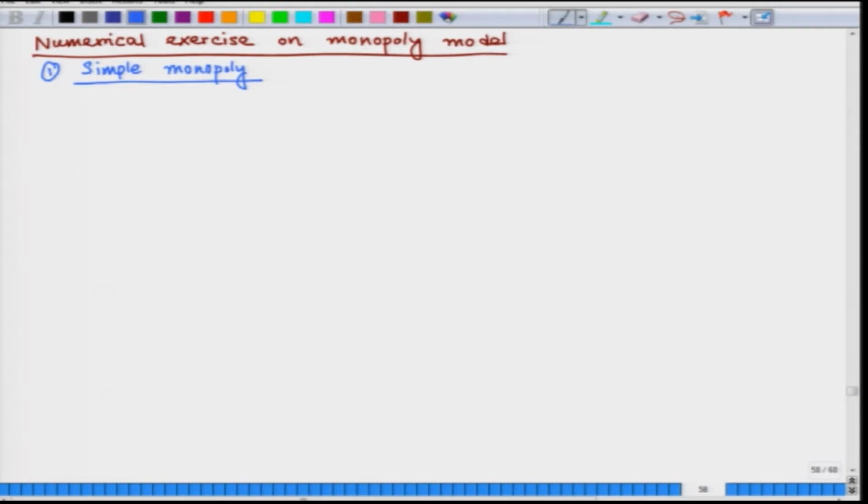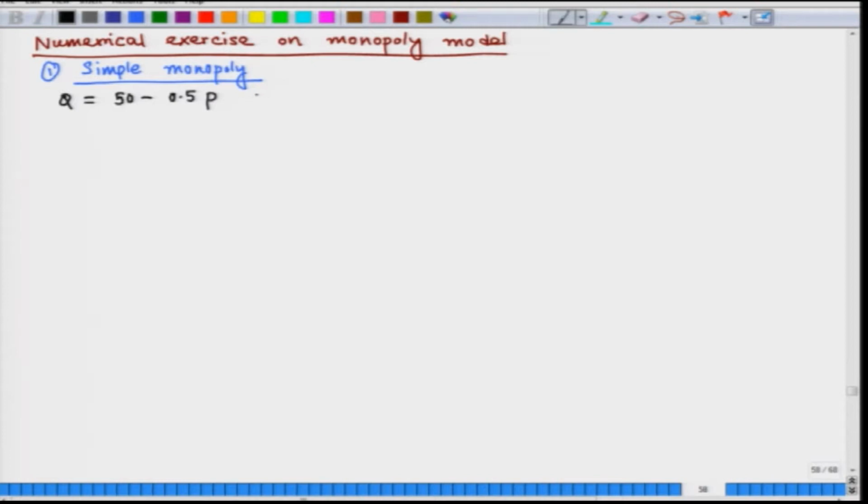So, basically it assumes that the market is uniform. So, we start with the market demand function of the form. I must say all these numbers that I am using here in this numerical exercise are hypothetical in nature. So, if you change these numbers, of course, the solution will change.